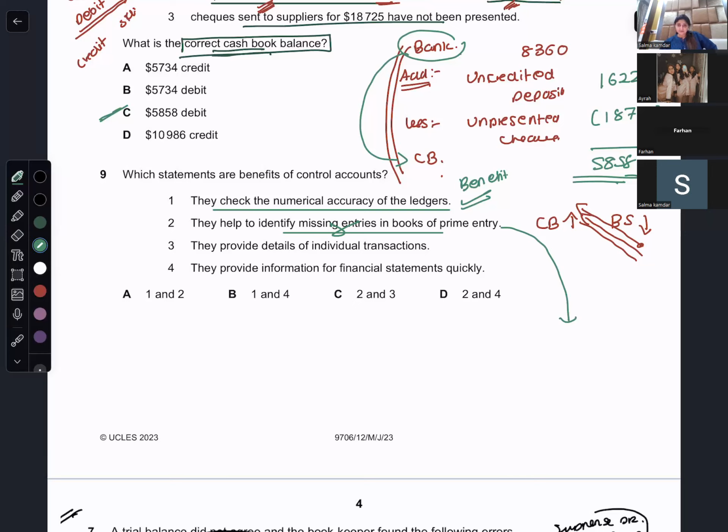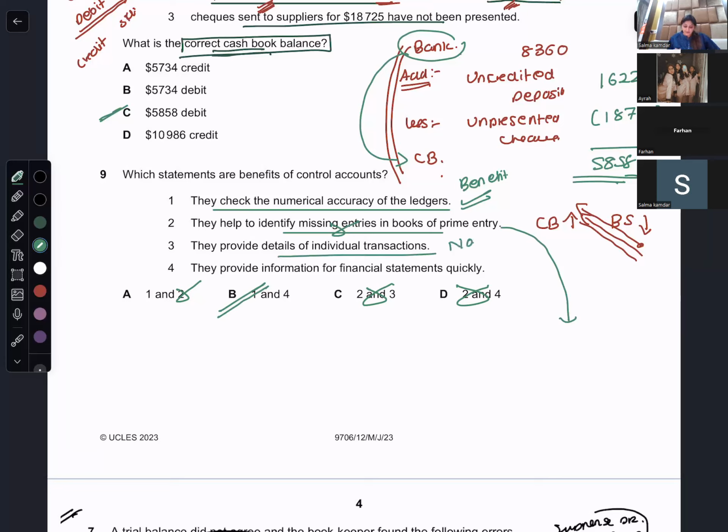It can't be 1 and 3. None of the options have 1 and 3 only. So 1 is correct, 2 is correct, so option A cannot be there. Option 2 is not correct, so it cannot be this. So it is B. But does control account provide details of individual transactions?